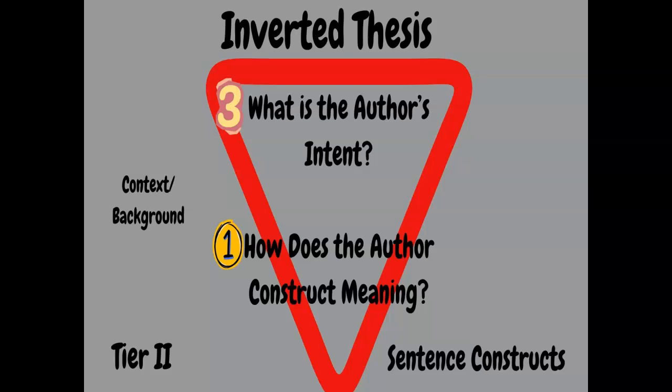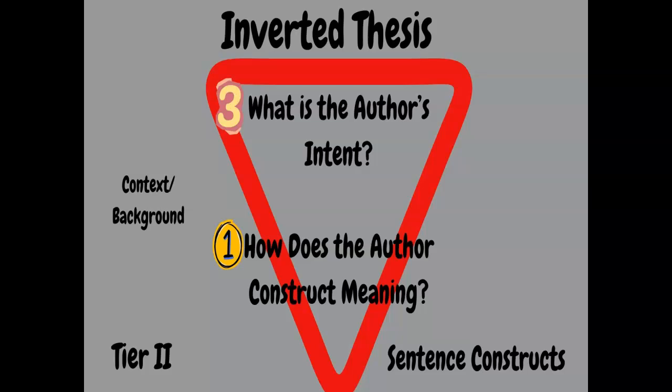We call this the inverted thesis because 3 of the 4 sentences in the introductory paragraph are going to respond to the author's intent. Other teachers use different language for that. They call it the universal truth, the universal theme, the exigence. However you want to cloak and phrase it, by all means, go that route. I say authorial intent. So that gets 3 sentences.